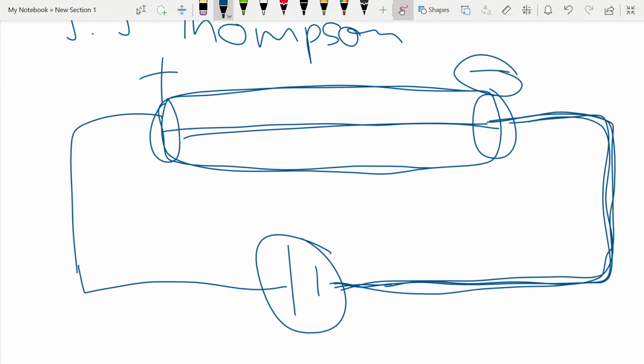In this tube, there's very low air pressure, meaning these particles in the light were moving, so light is made of particles too. There's so little air that they can't possibly bump into any air atoms.